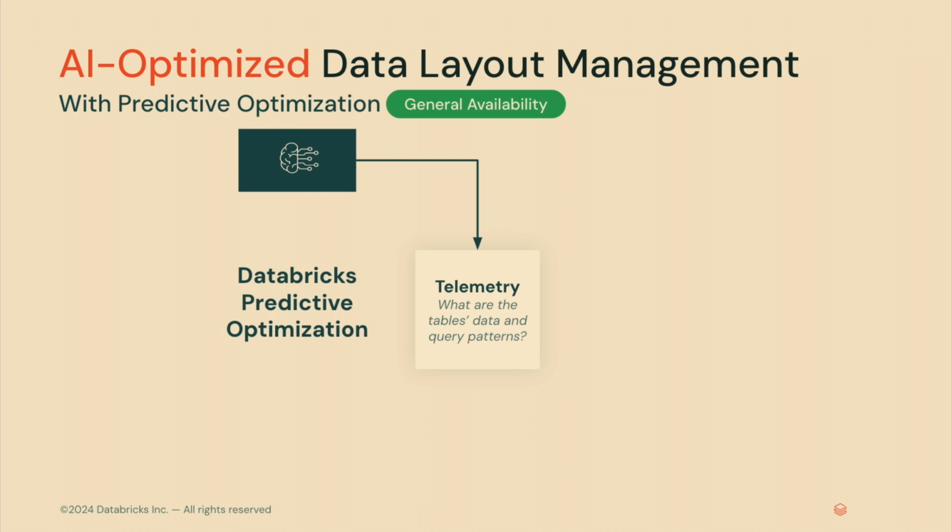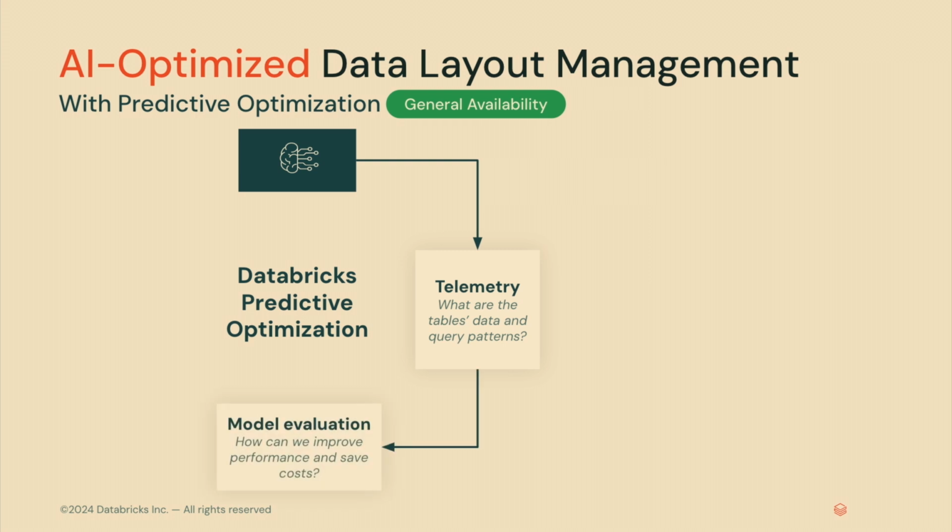Predictive optimization can intelligently decide the schedule of optimizations to run by leveraging Unity Catalog and our data intelligence engine. Our AI model can take into consideration your query patterns and combine that with factors such as data layout, table properties, and performance characteristics to determine the most impactful optimizations to run.